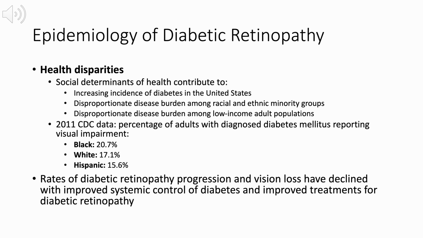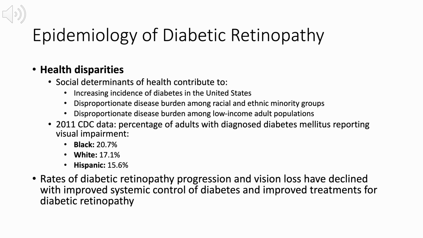Looking at 2011 CDC data on the percentage of adults with diagnosed diabetes mellitus who reported visual impairment, 20.7% of Black patients reported visual impairment, compared with 17.1% of white patients and 15.6% of Hispanic patients. Understanding these disparities is essential because access to screening and to timely treatment is itself a modifiable risk factor for vision loss.